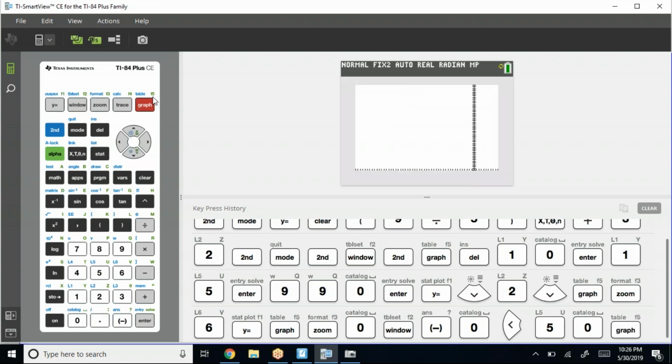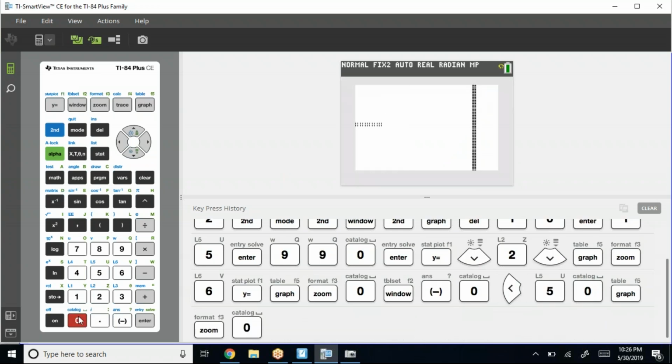I'm going to hit graph, and then I'm going to hit Zoom 0. Now, what that did is that's from -50 to +10, and it's showing me all my outputs, which is a blue line. I want to know where they intersect, right?